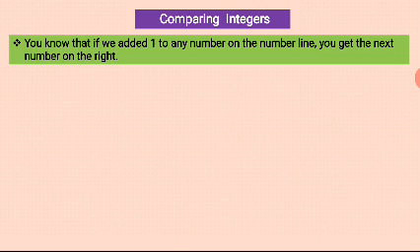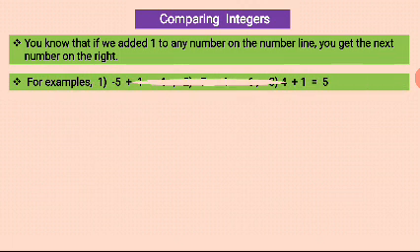Like this example, -5 plus 1 is equal to -4. -7 plus 1 is equal to -6. 4 plus 1 is equal to 5. First example, -5 plus 1 is equal to -4, which means -4 is to the right of -5.